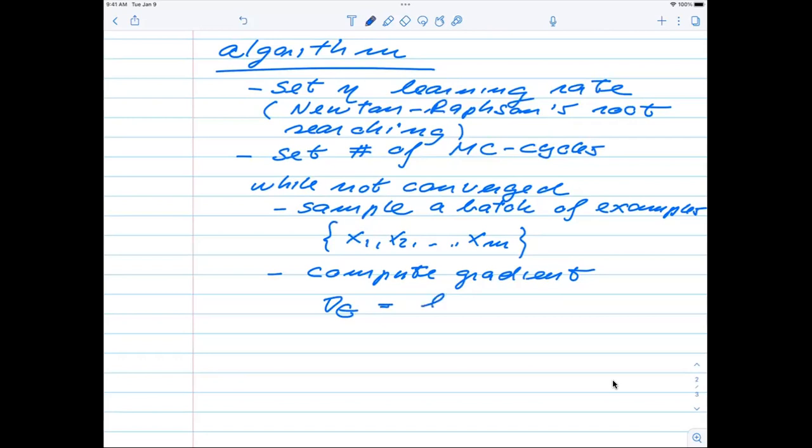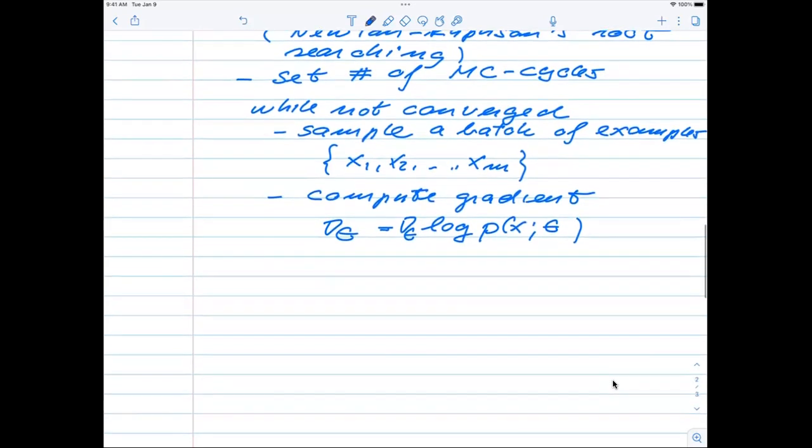And in our case, we are going to maximize, so we are going to calculate the gradient of the log of p of x as a function of theta, which means that implicitly we are already treating the hidden nodes. So when we've done that, we have set up the sample, we initialize the gradients, and then we will have a loop now.